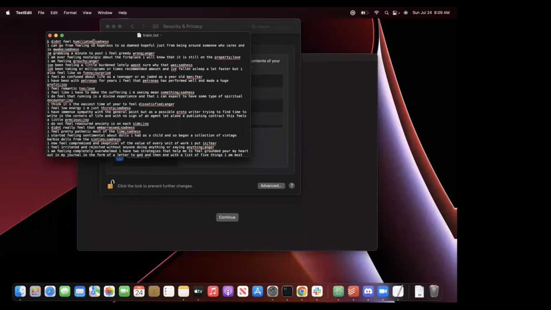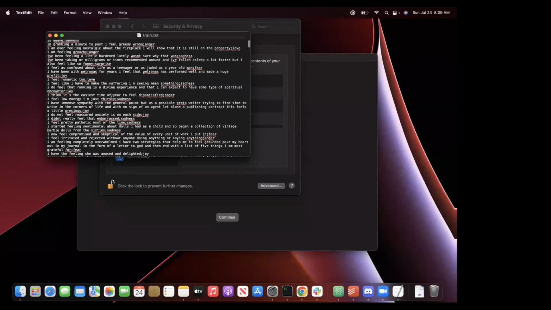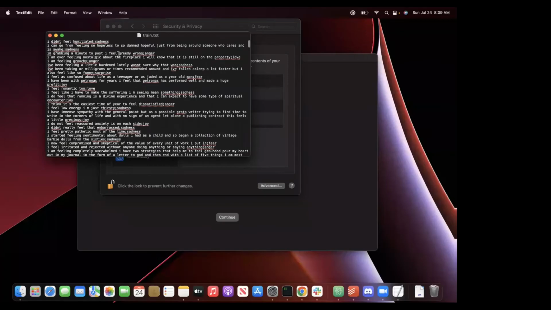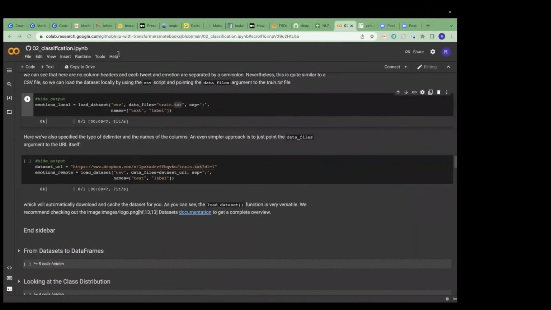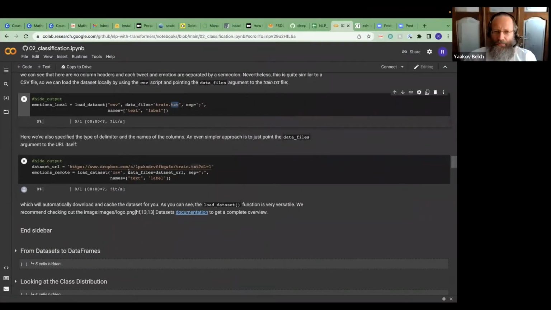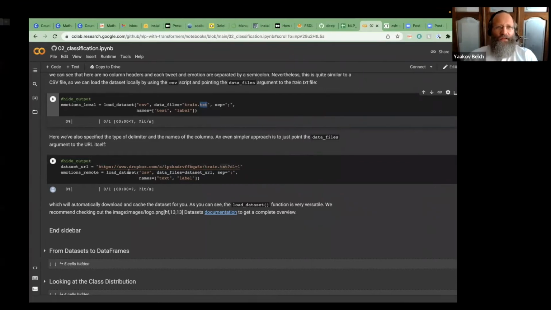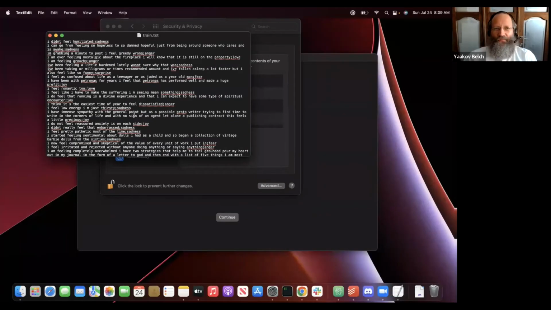So you see the text, and then there's a semicolon and the labeling of this text, and everything separated by new line. Maybe I can point out something when we look at the data set over here, something not related to the techniques, but to the data itself.